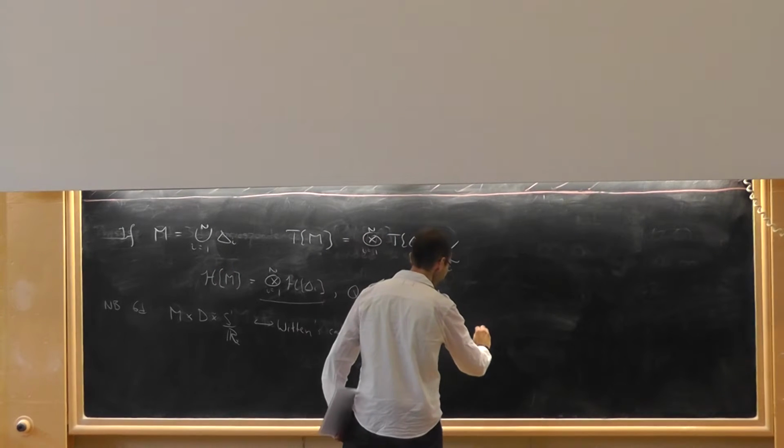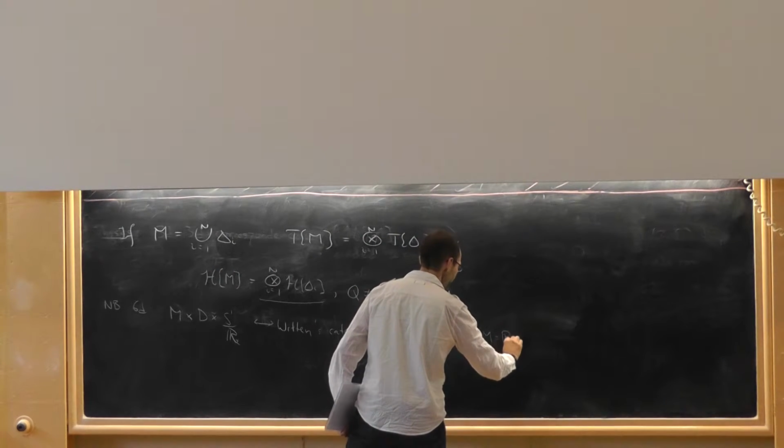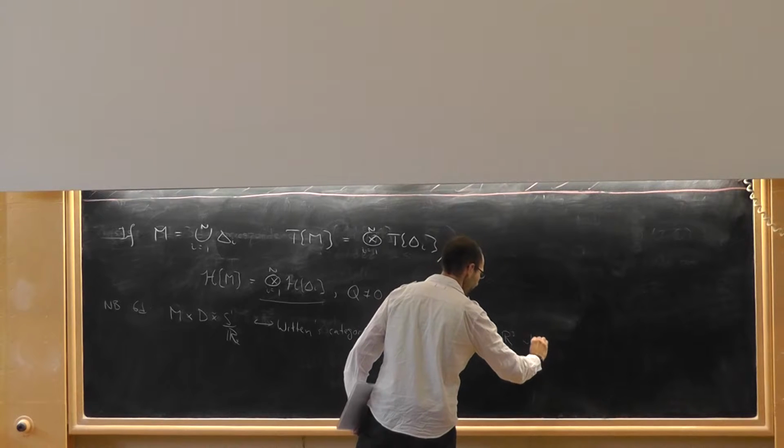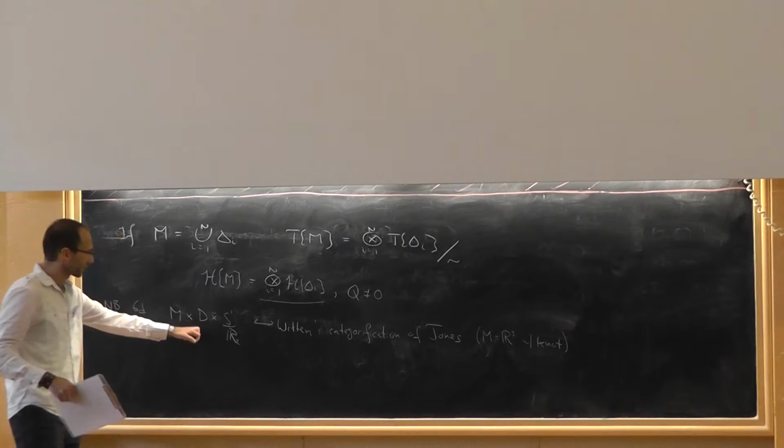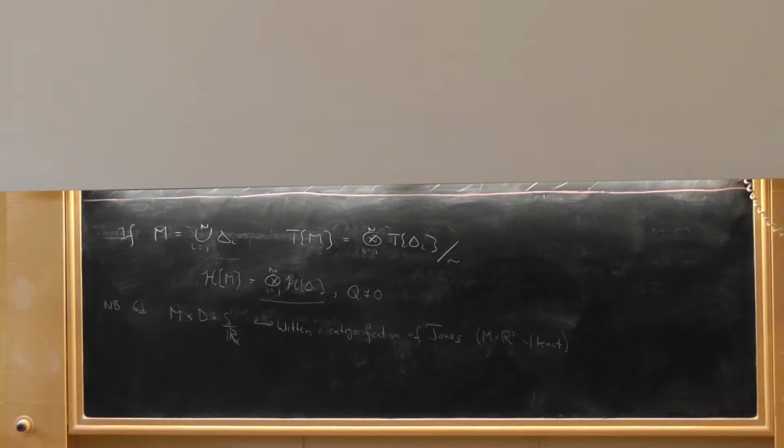In that case, M was just R3 with a knot inside, given by a certain defect in the 6D theory.